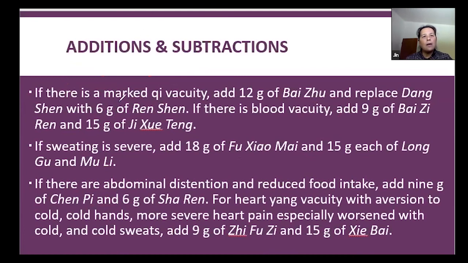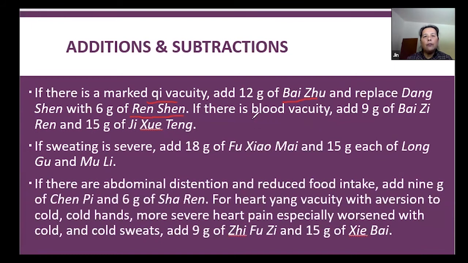And we still have some modifications here. For severe qi deficiency, we can add in 白术, and instead of 党参 we can use 人参, a little stronger than 党参 for tonifying qi.